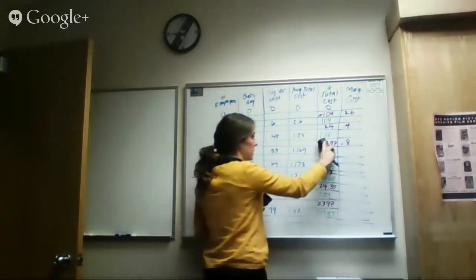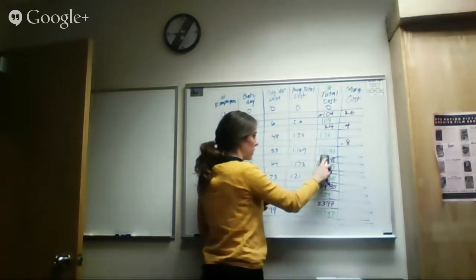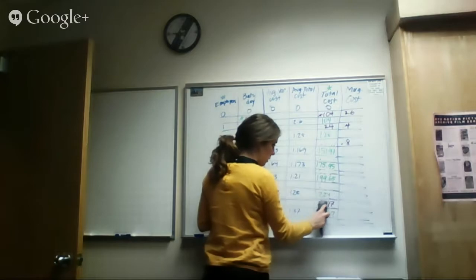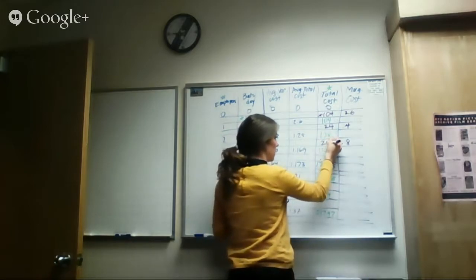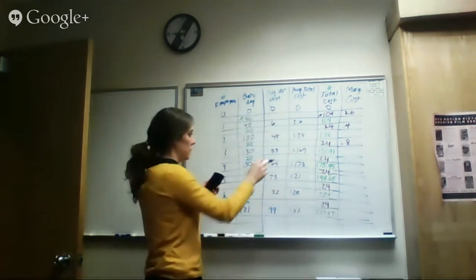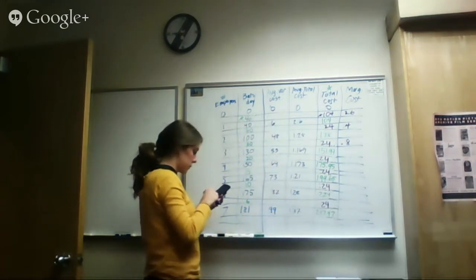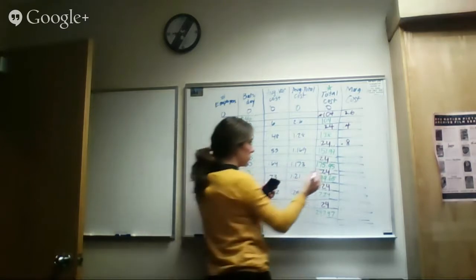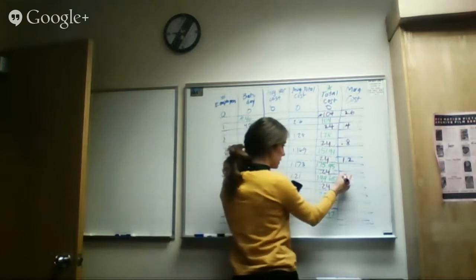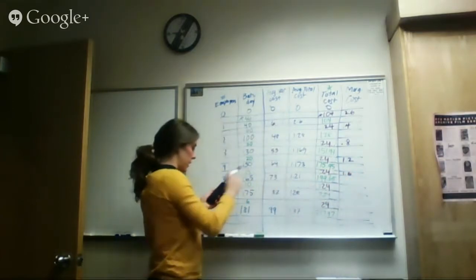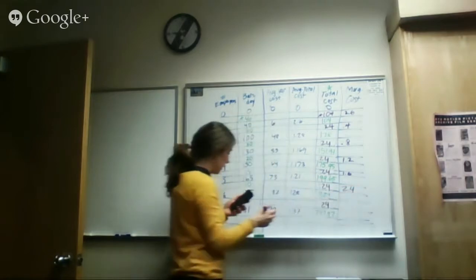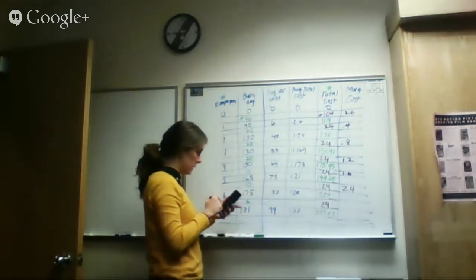You know what? I'm just going to calculate this. These are all 24. So 24 divided by 20 is 1.2, 24 divided by 15 is 1.6, 24 divided by 10 is 2.4, and then 24 divided by 6 is 4.